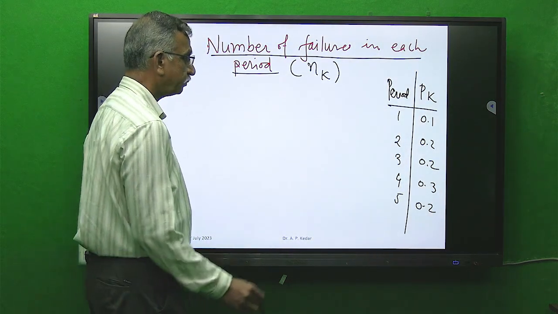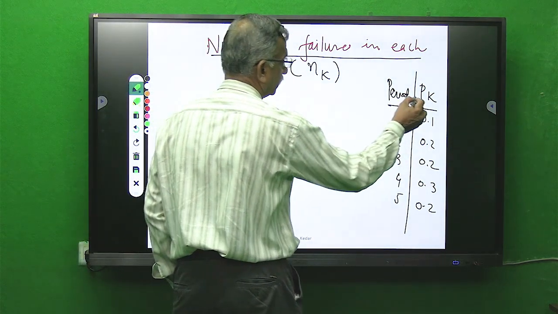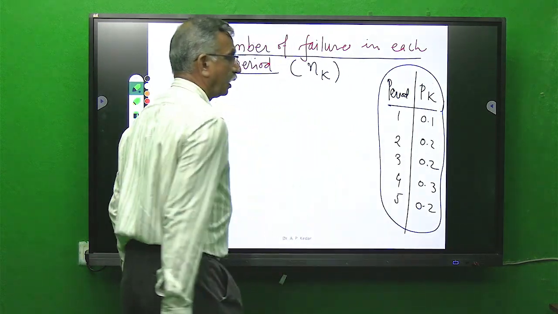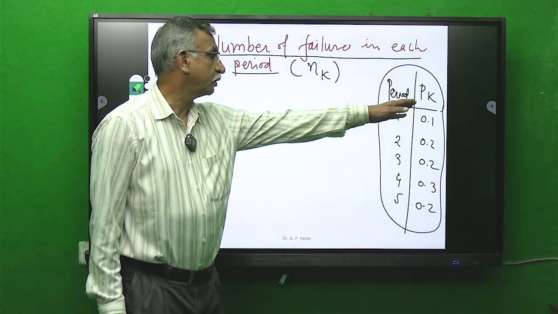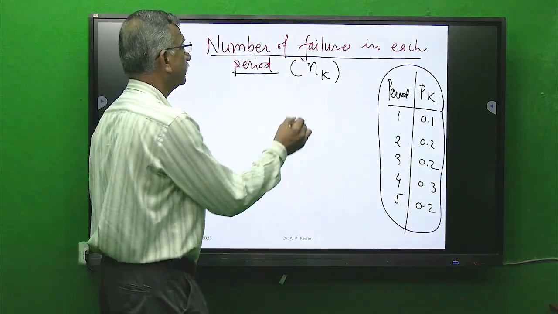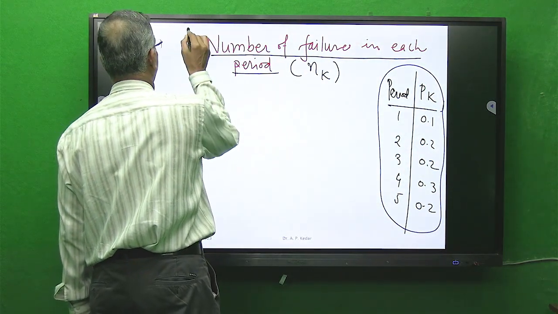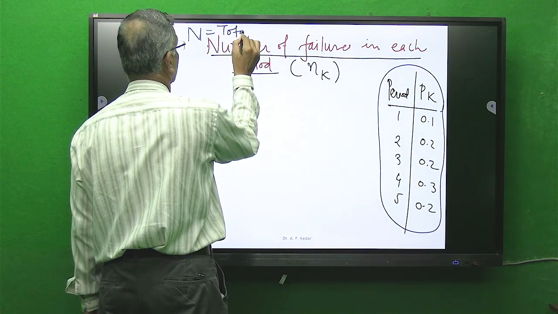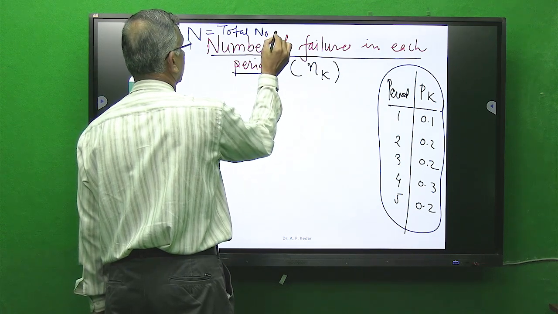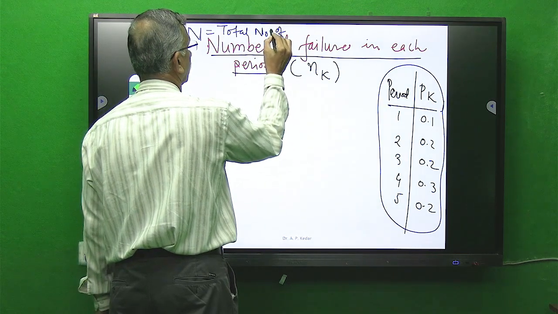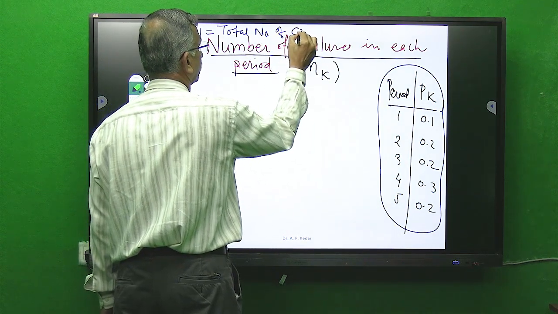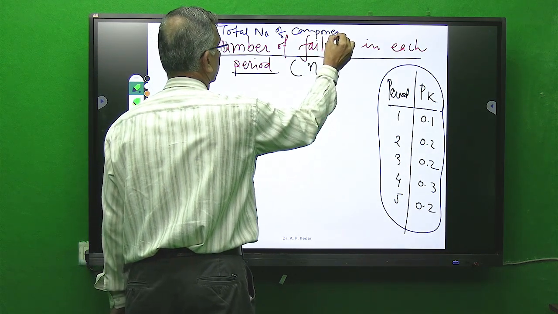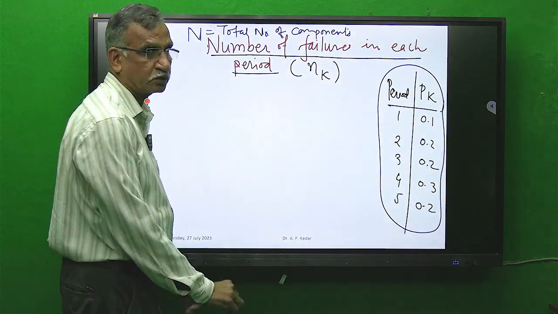Now, if this is the data given to me, that I am having the value of individual failure of the component, I am having with me n, that is total number of components.